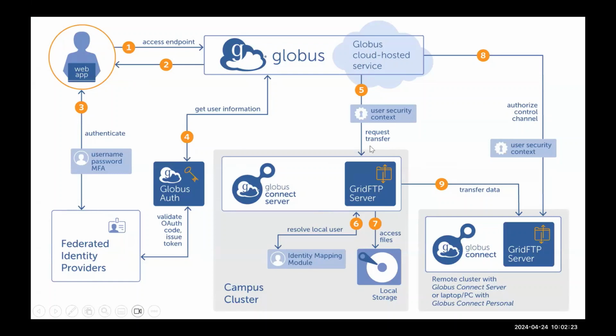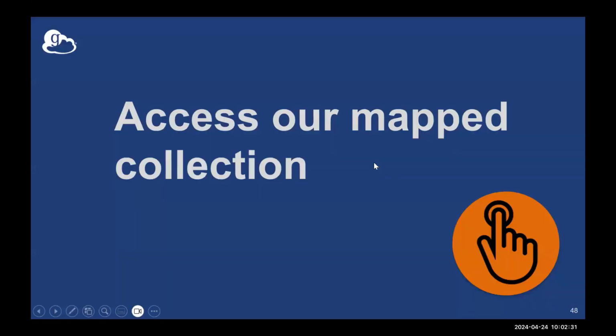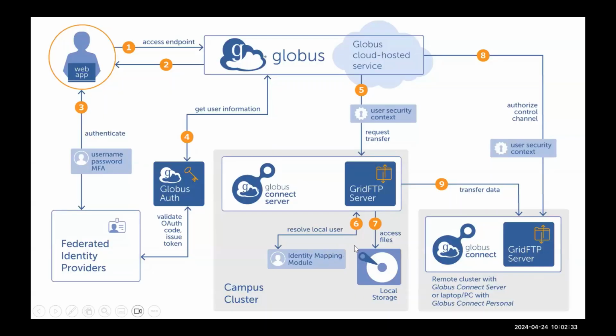In the user security context, it now connects to the source collection and maps that Globus identity to the local username, accesses files, and then does the same thing on the destination, and then transfers files directly from one collection to another.